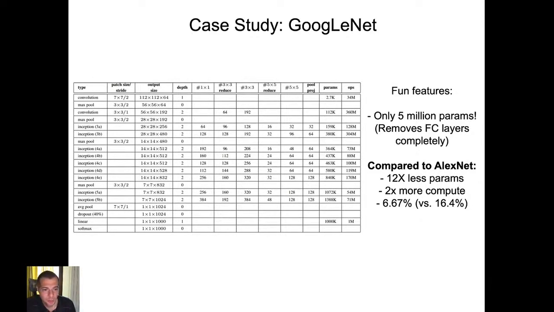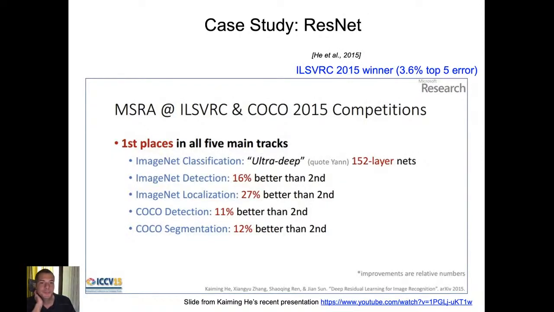So in the end, they obtained a top 5 error rate of 6.7% on the ImageNet competition. And then the last network in our case study is ResNet.